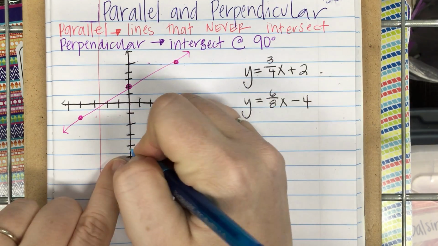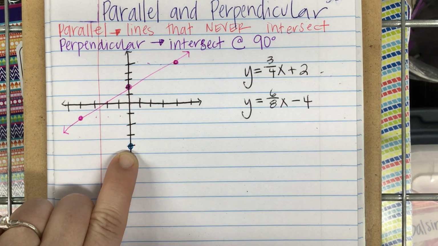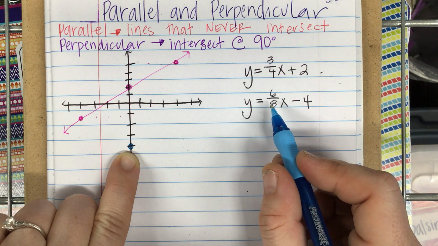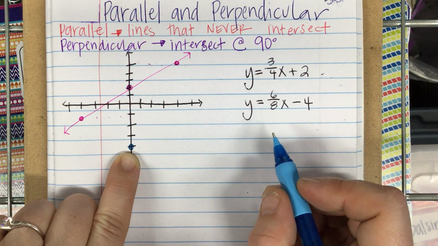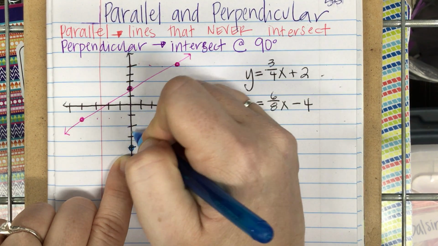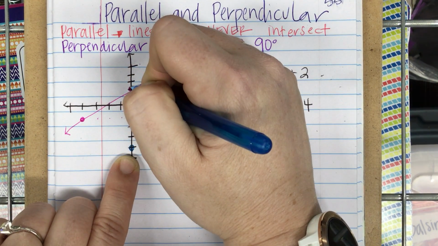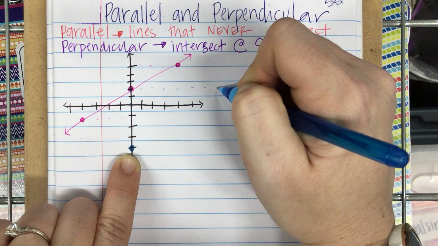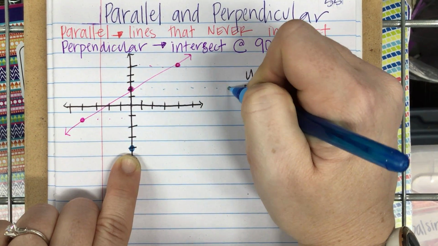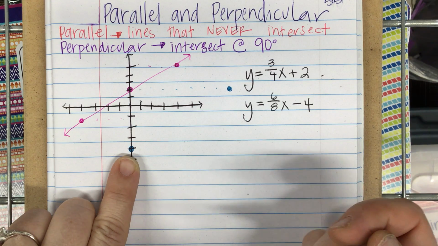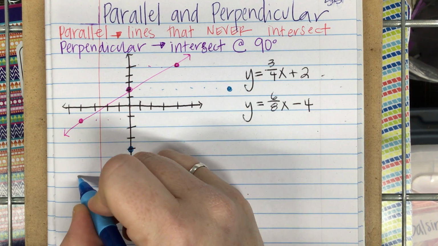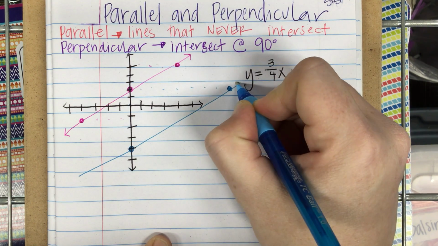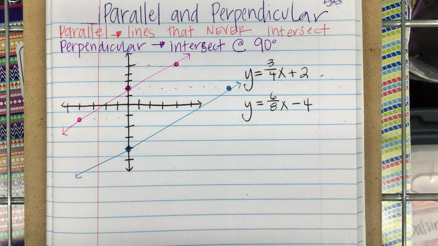This one starts at -4. And from there, I'm going to go up 6 and over 8. But my graph isn't that big. I can extend it. I can go up 6 and over 8. I have to be a little creative. It's off the graph. That's okay. You can make it work.